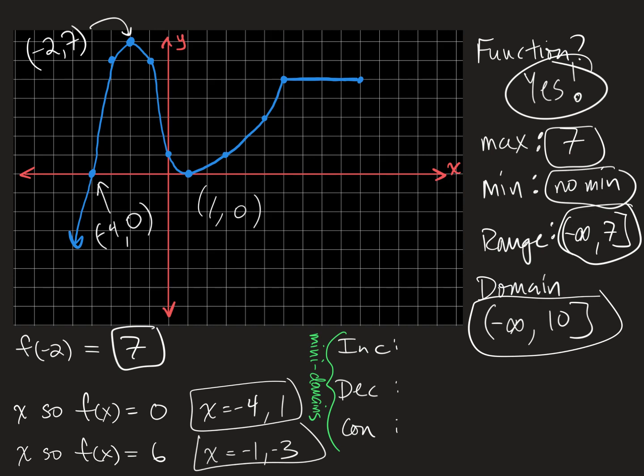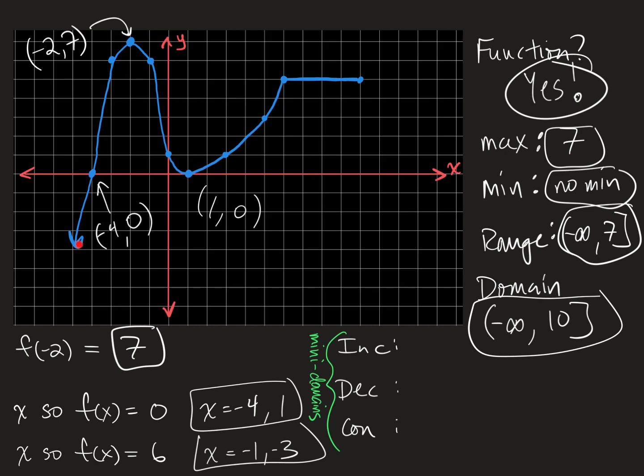So before we even get into what are the answers here, let's just take a look at how you can identify where a function is increasing, decreasing, or constant. Keeping in mind that these represent many domains, we will have an interval, okay? From there, keeping in mind that these are many domains, and domains are found moving left to right across the graph, that's what we're gonna do.